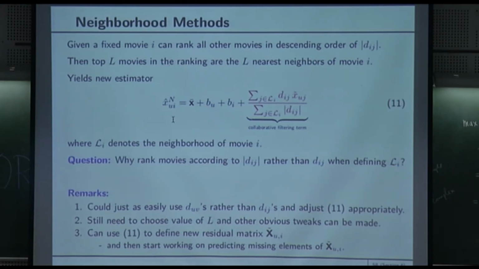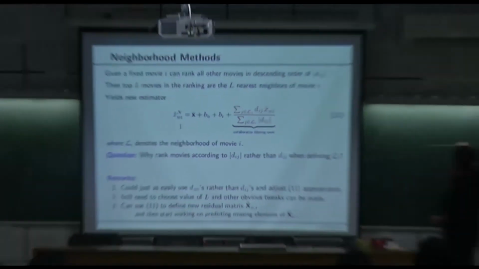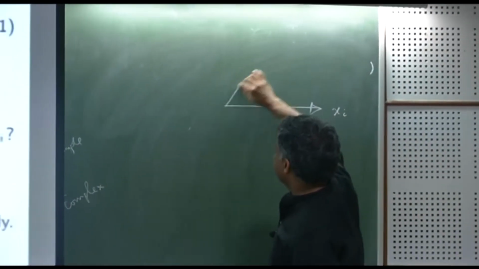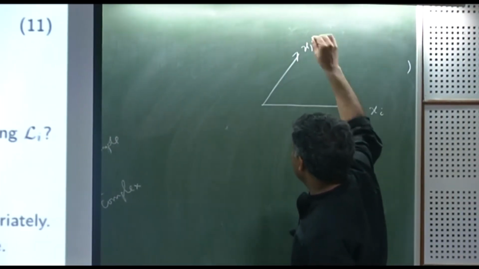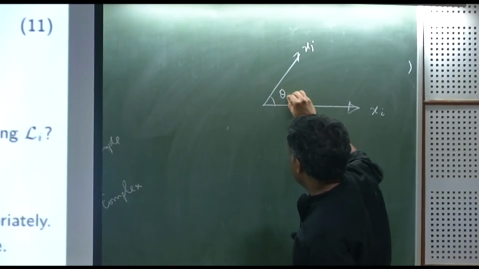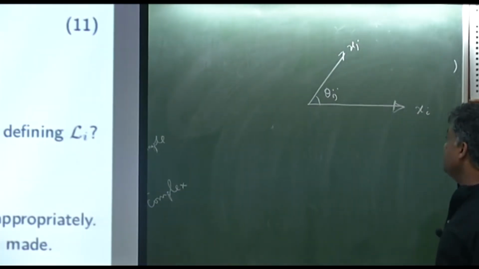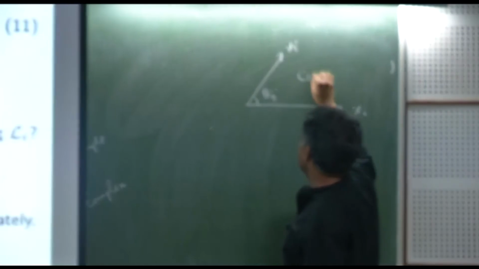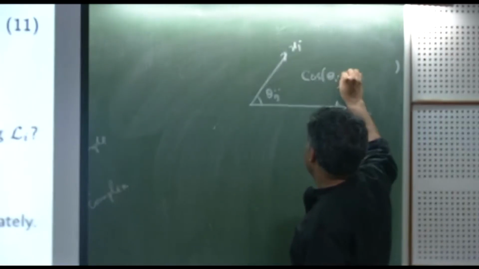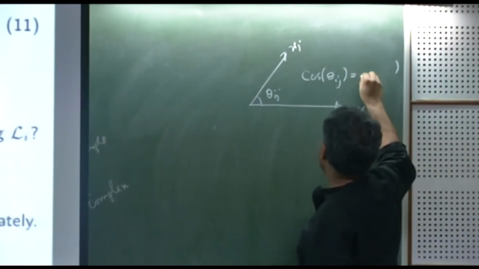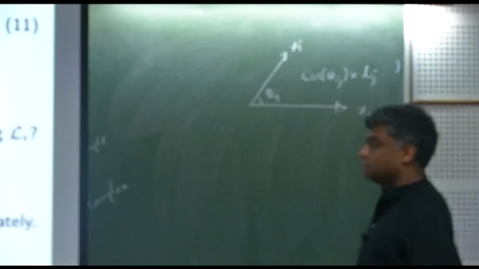Okay, what I'm trying to say is the following. Let's say here's a particular vector of my movie, x_i. Here's one movie x_j. This is the angle theta_ij. So I'm defining the cosine of this angle theta_ij to be equal to d_ij.